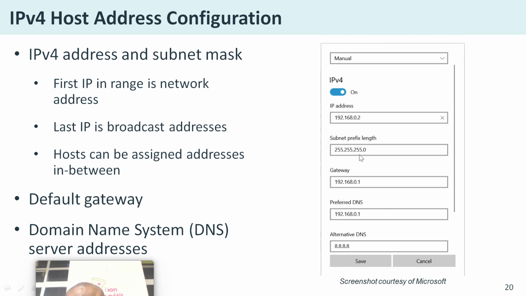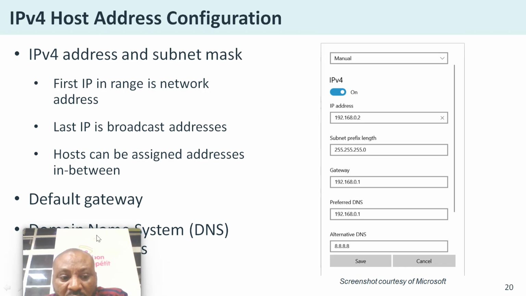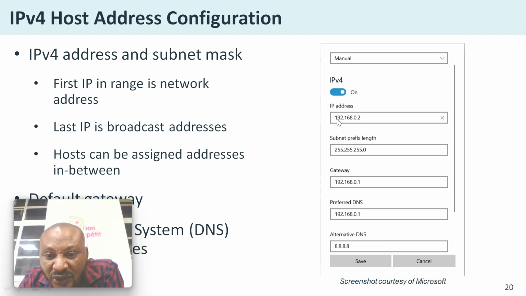255.255.255.0. What does it mean? It means that this portion, 192.168.0, is the network portion of the address. That shows that every computer on that network will have this 192.168.0. Every computer will have it. While the other part can be 1, 2, 3, 4, like you have 2.